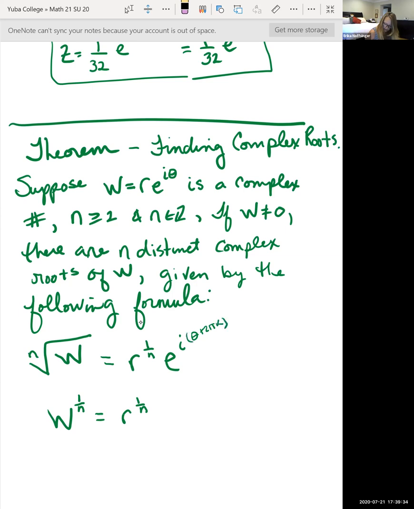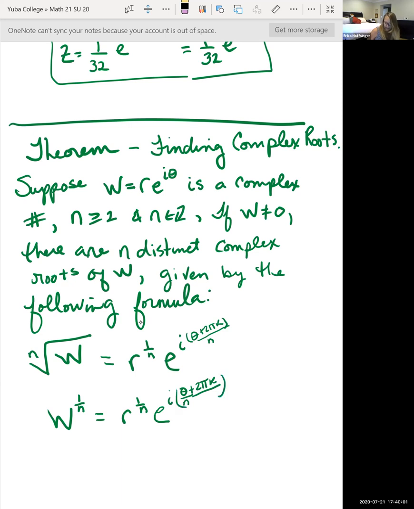I'm going to put the n in the denominator there instead of multiplying by 1 over n, but that's the same thing. So normally it would have just been theta over n, or n times theta. This time, if it's a root, we have to think of 2 pi k in there.